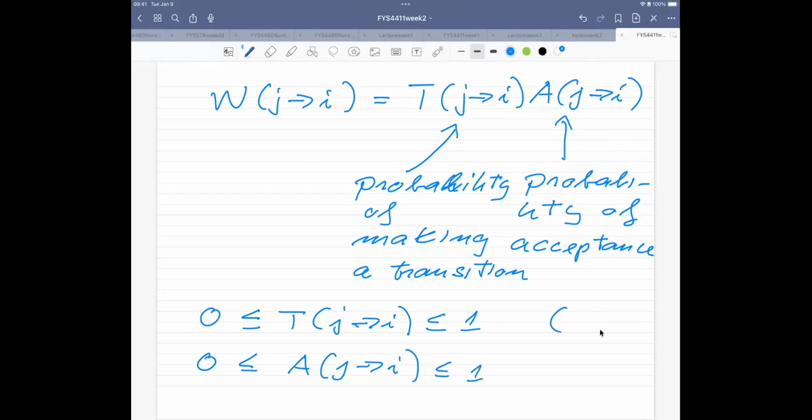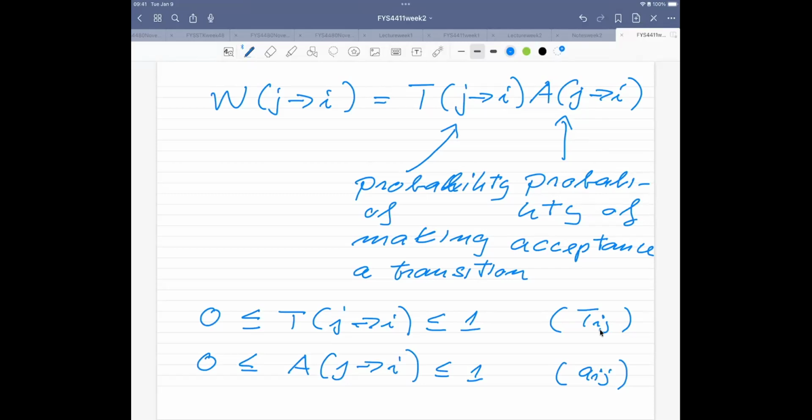So in principle, I should have written this as a T_ij, and this would be an A_ij. But I want to keep this notation because I think it's more physically intuitive to look at that specific notation than having just subscripts of a matrix. Because now we are explicitly stating that we are making a transition.